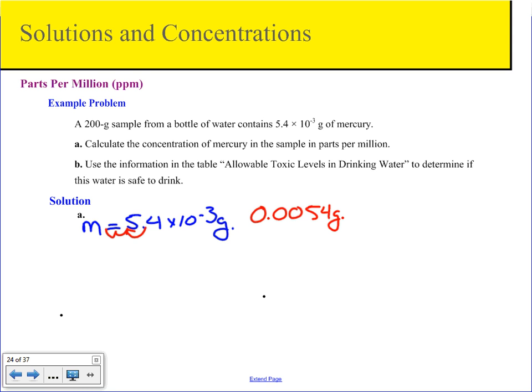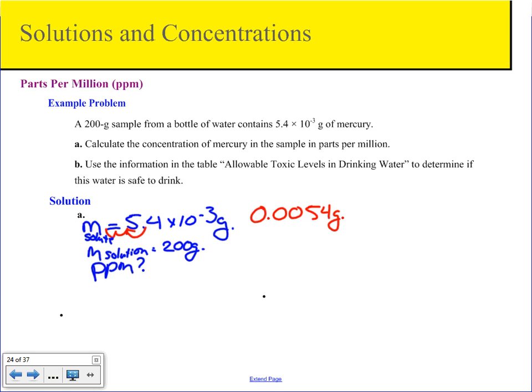Okay? Sorry, I should put here that this is the mass of the solute. My mass of solution is 200 grams. And the question is asking for parts per million.